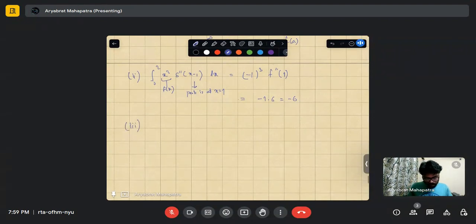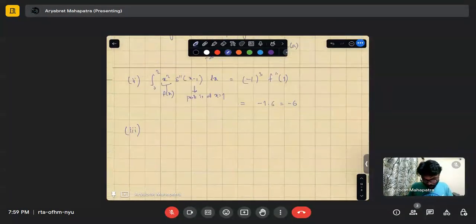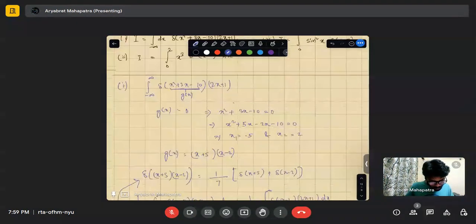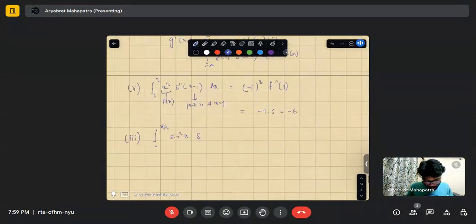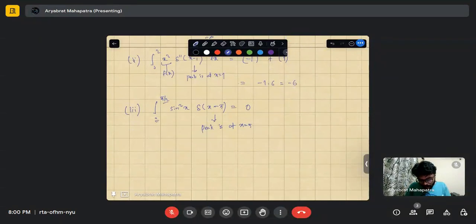And third, you have the integral from 0 to pi by 2 of sine x sine square x delta of x minus pi. So this one you will see the value will be 0, because the peak is at x equals to pi, but your limits are 0 and pi by 2.